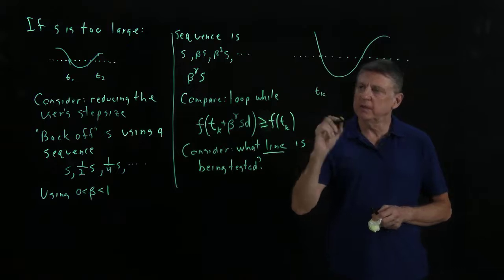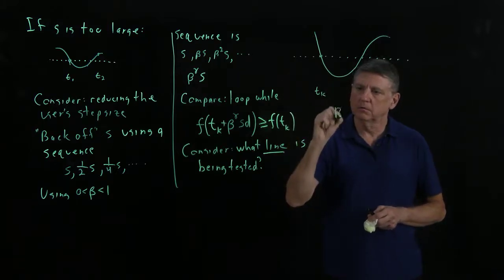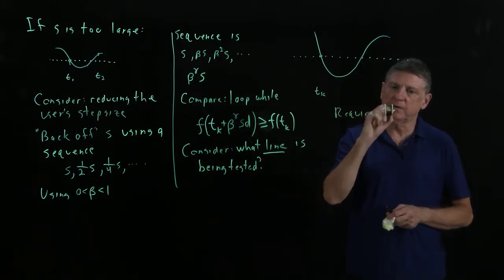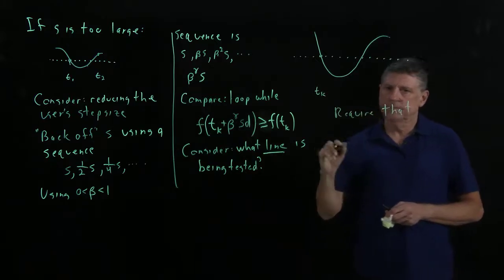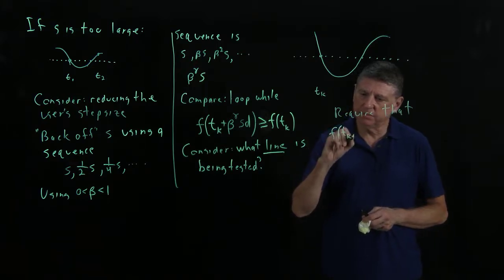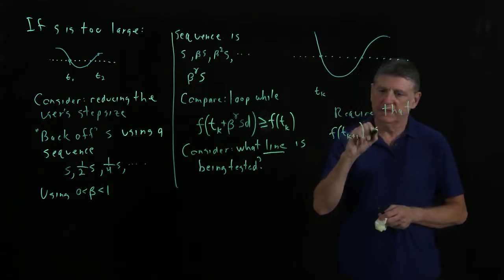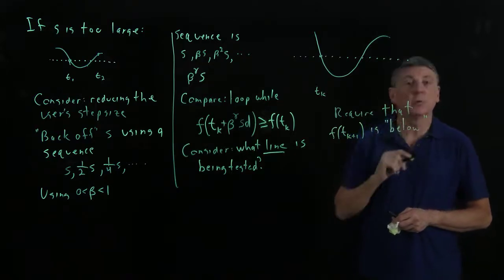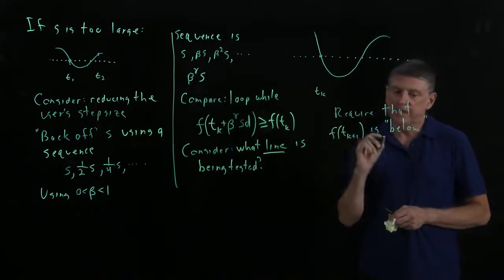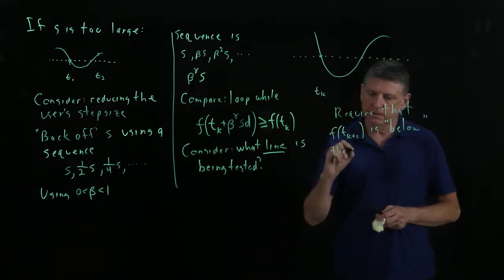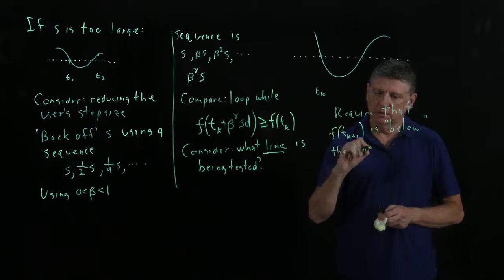So we require that f at t k plus 1 is below, and here I'm putting it in quotes because it's a geometrical statement, the line.